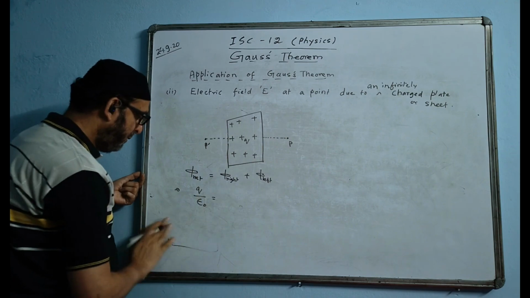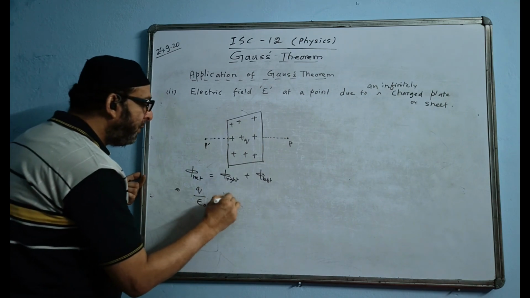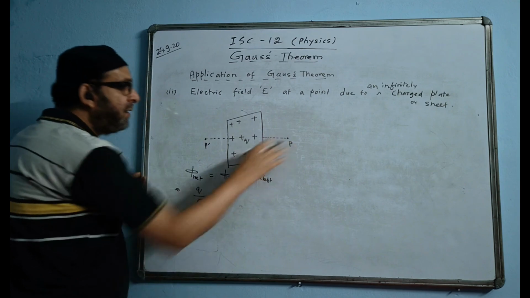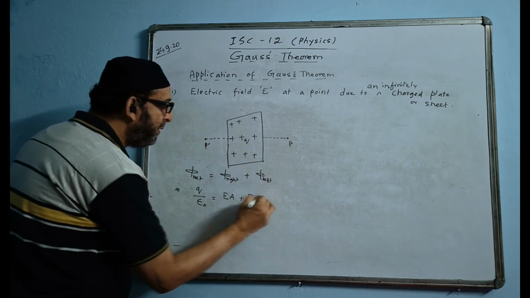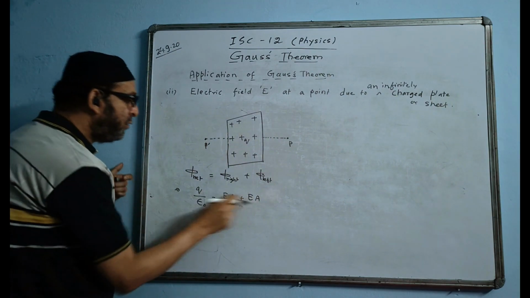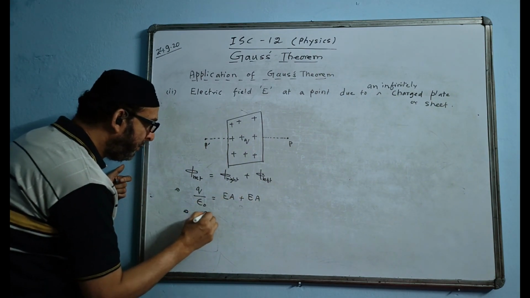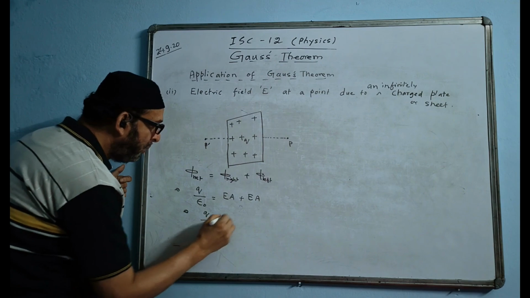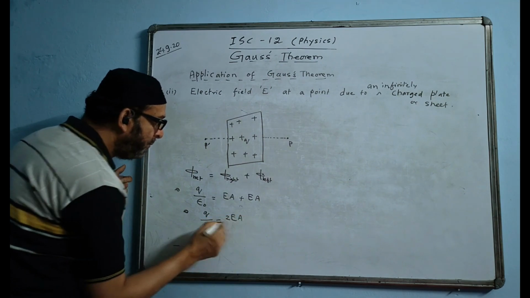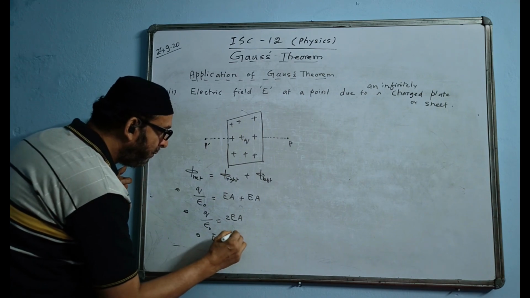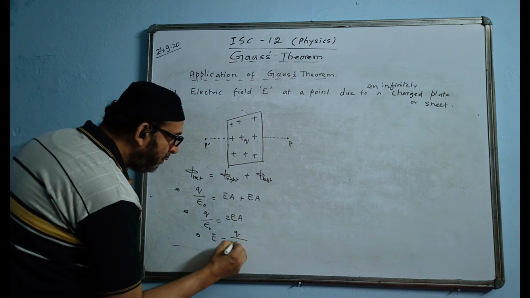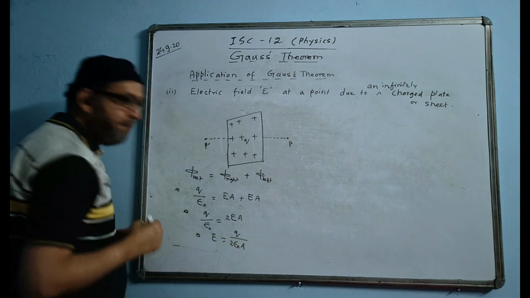Phi right formula will be EA cos theta, but theta is 0 degree, so I write here EA. This is also the same surface, so we write EA. These two we can add up. It becomes Q by epsilon naught equals 2EA, making E the subject. The value of E will become Q by 2 epsilon naught A.